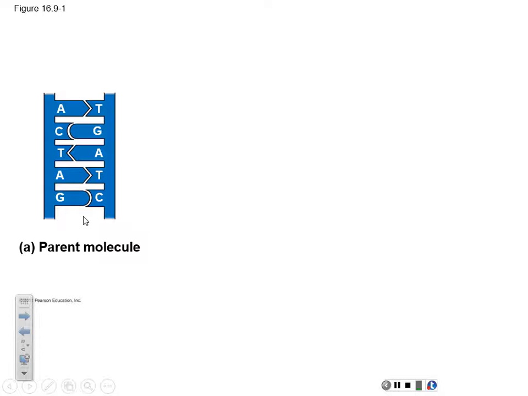So they grew up some bacteria with nitrogen 15. Why do you suppose nitrogen's useful here? The nitrogenous bases. The nucleotides have lots of nitrogen in them. So they grow up their bacteria with heavy nitrogen, dark blue, right? All the DNA is denser, it weighs more because it's been growing in nitrogen 15.